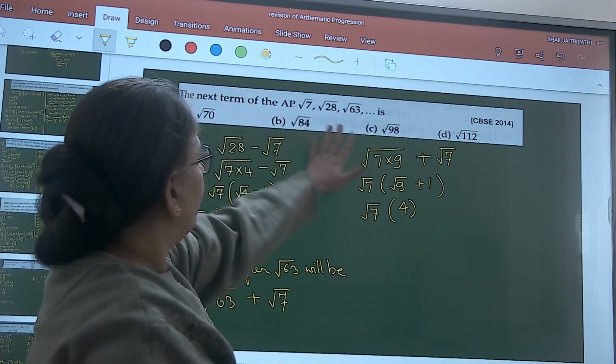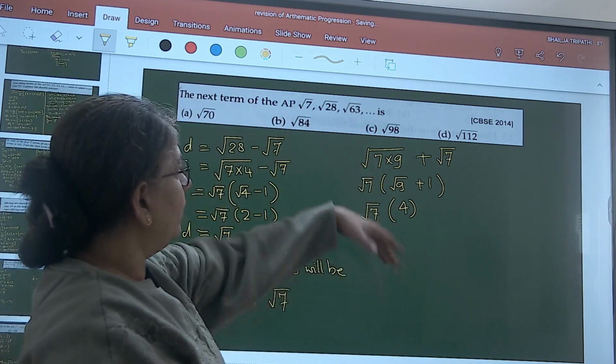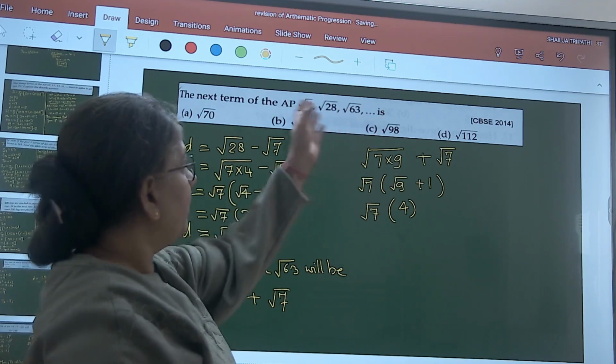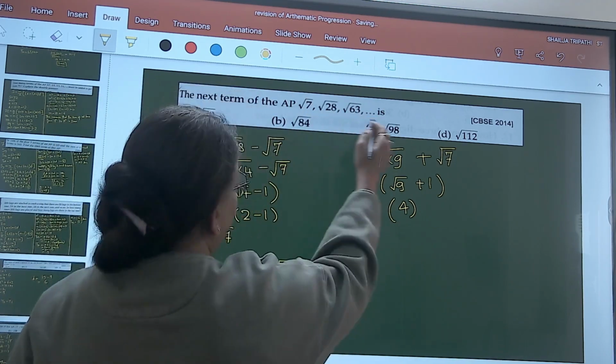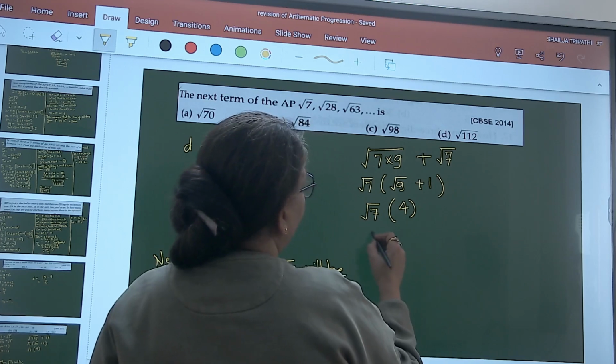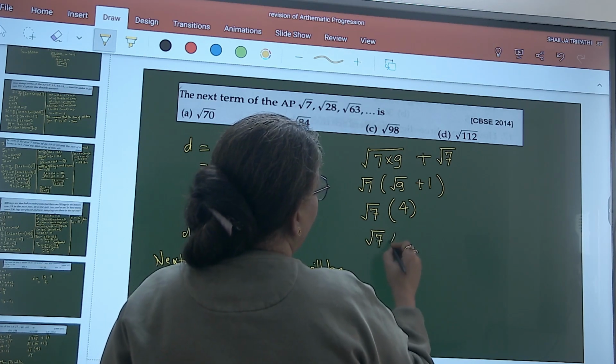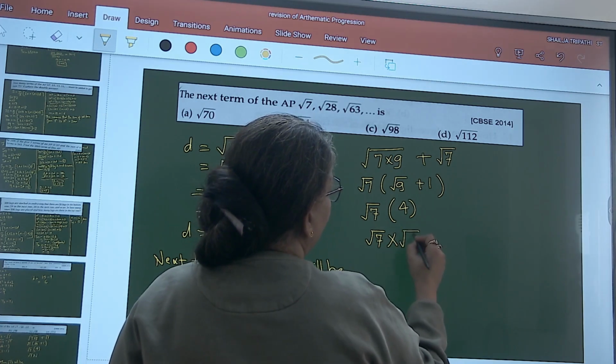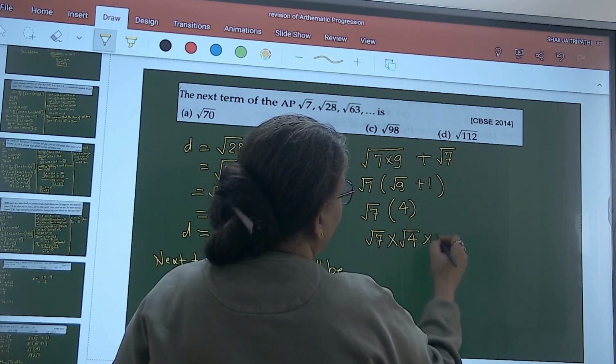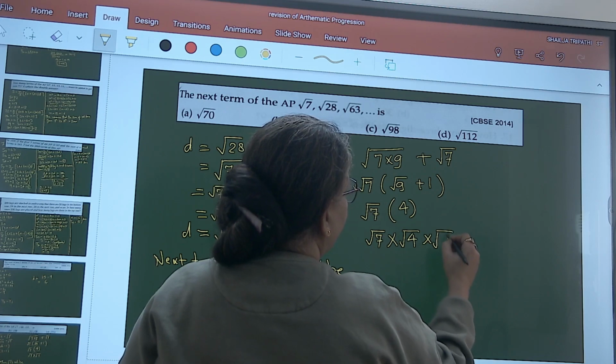But the answer is not given in this form. So we'll convert our answer to the form that is given in the options. So what we'll do, see, 4 root 7 is written as root 4 into root 4 into root 7.